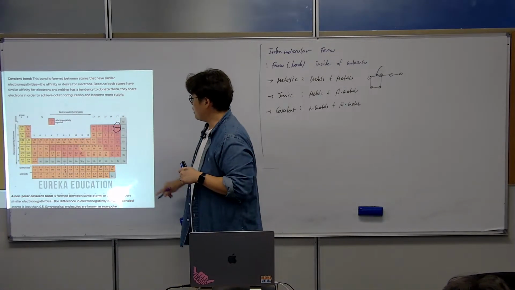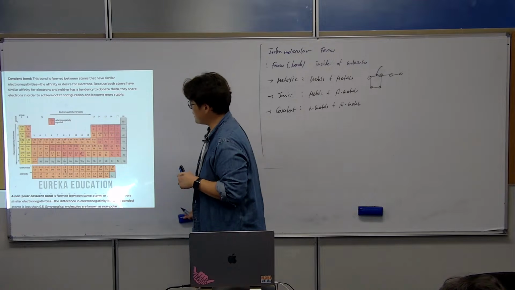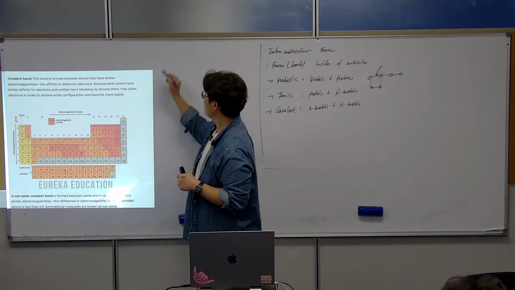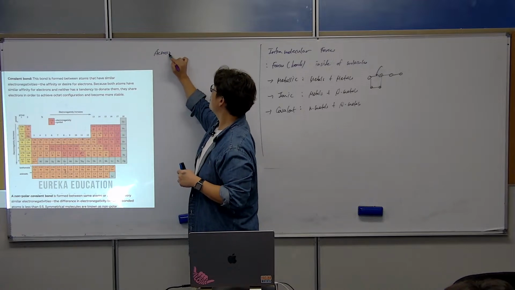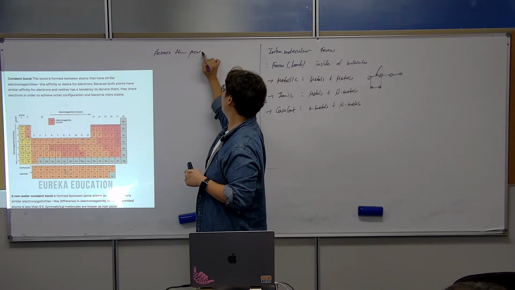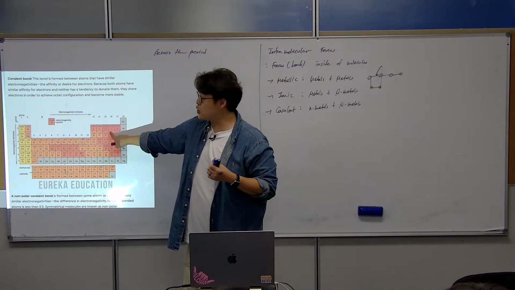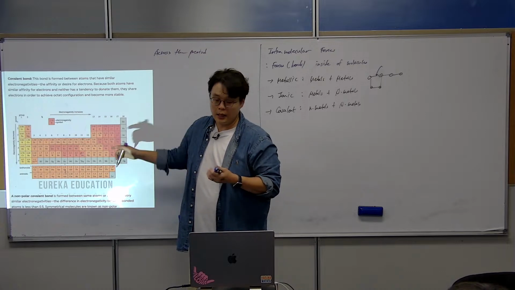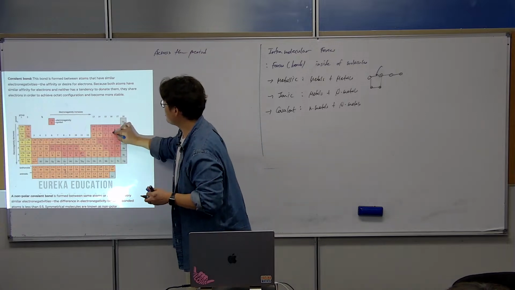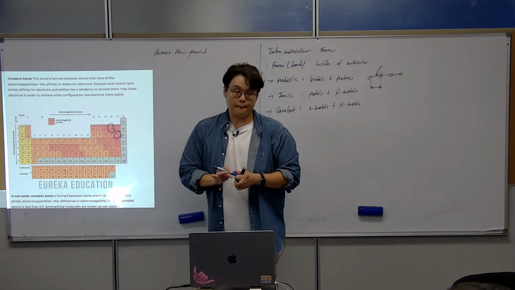Now, what you see there are the trends across the periods, which have greater electronegativity compared to down the group. I'm comparing oxygen and chlorine here.